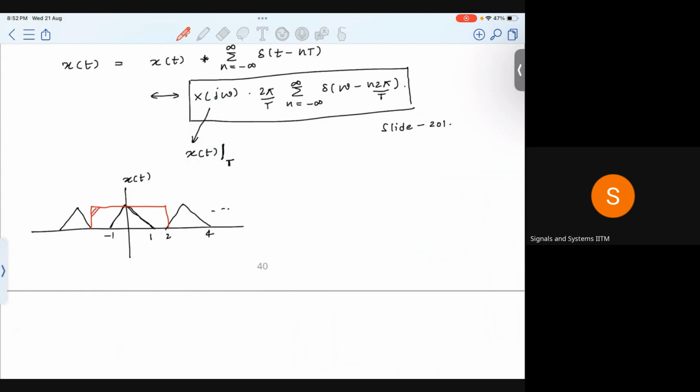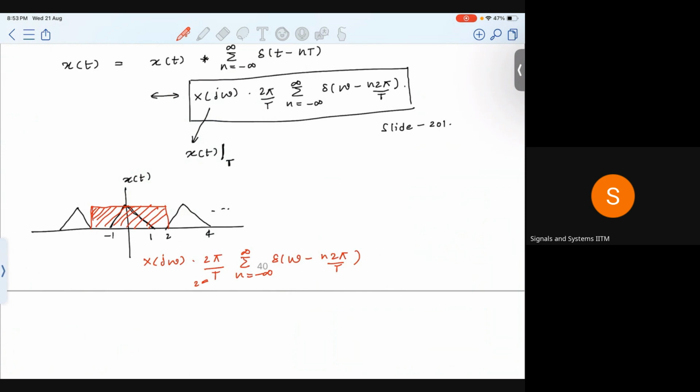Find the transformation of this signal, which we represent by X(jω), and we multiply that transformation with this, where T in this case is simply 2. Is that okay?